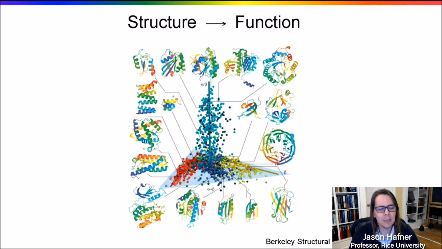So if you've taken any biology class that talked about molecules at all, it probably mentioned the importance of the structure-function relationship. Our basic understanding of how proteins work, the first thing you want to know is how are they put together. So all these beautiful images in your biochemistry textbook of protein structures, that's because that's what you need to know.